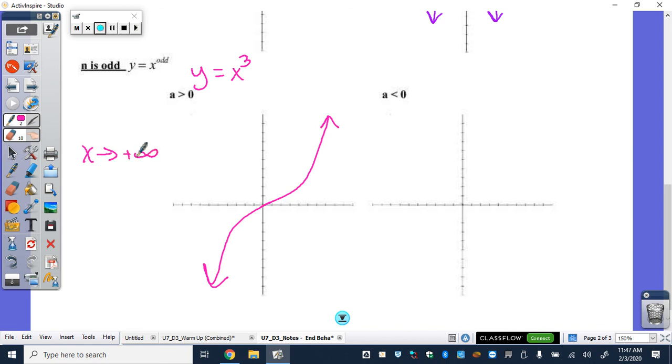So we would write it as x goes to positive infinity, y goes to positive infinity. The left side is x goes to negative infinity, y goes to negative infinity. Remember, you don't have to put the plus signs in there for the positives. That one's fine. You definitely got to have the negatives, though, for the negative infinity.